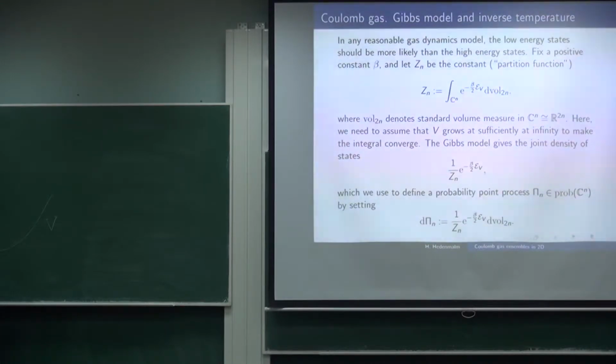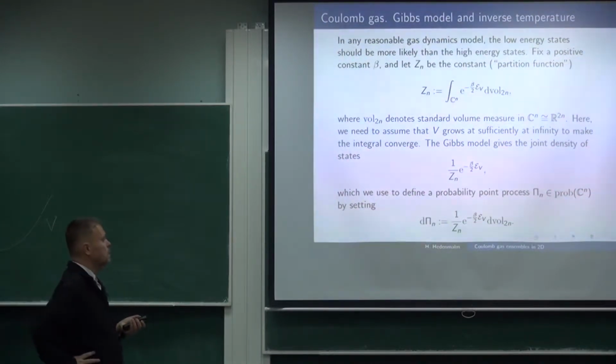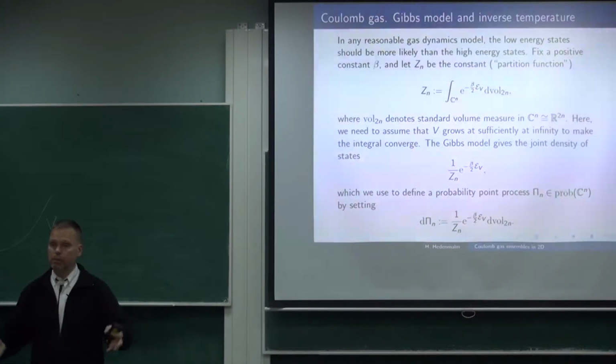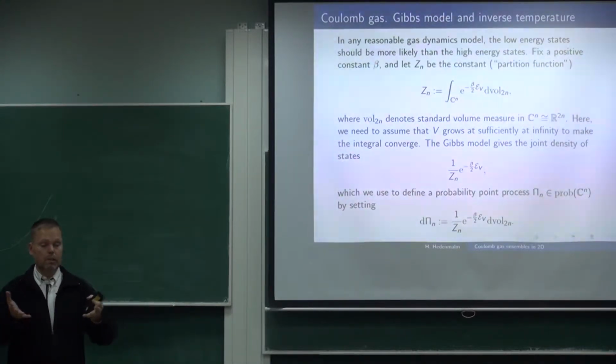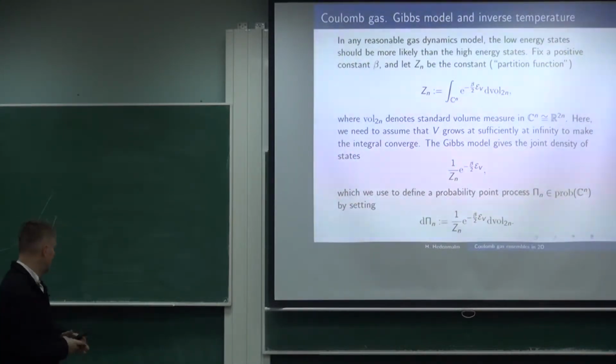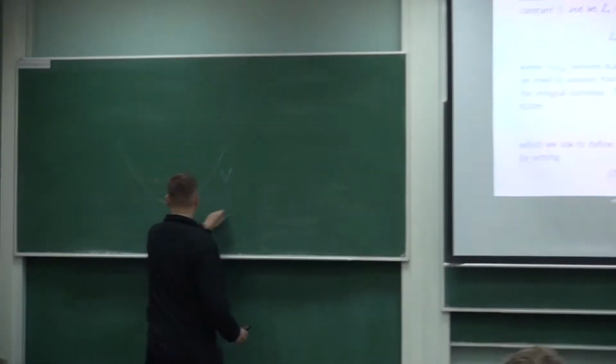All right. Now, what we do is we introduce this probability point process. It tells you the probability of a certain position of particles, z1 through zn. You could think about this position of particles as just some instance, you draw them in the plane someplace.